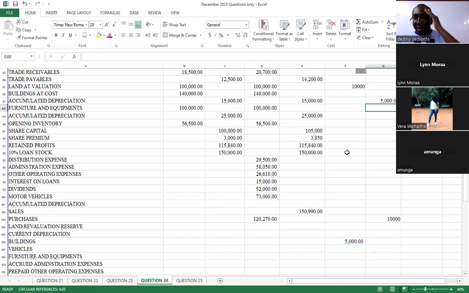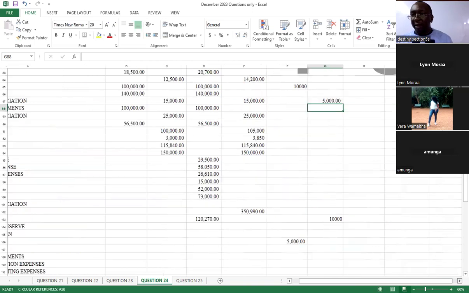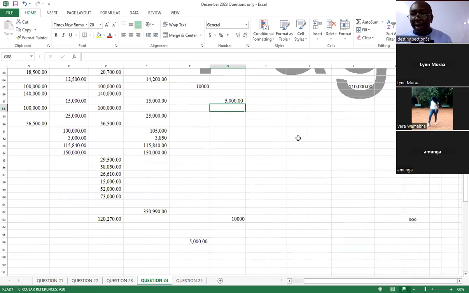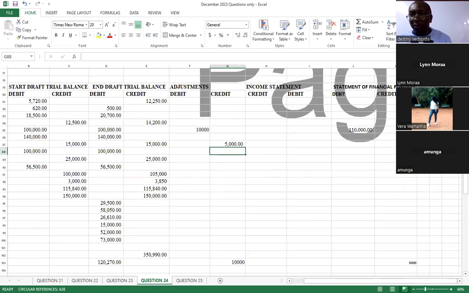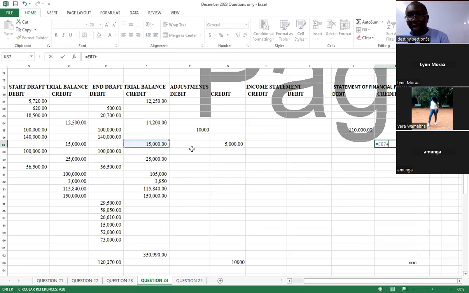And then we can complete that transaction, whereby we know it is going to come to the credit here. So we say equals this one plus this one.